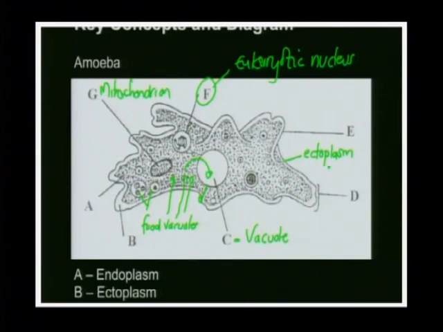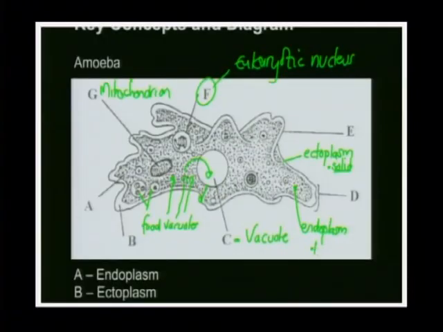This is not very granular, and it tends to be more solid. The cytoplasm on the inside is called endoplasm. You can see that the endoplasm is very, very granular, and this more granular endoplasm tends to be more liquid.